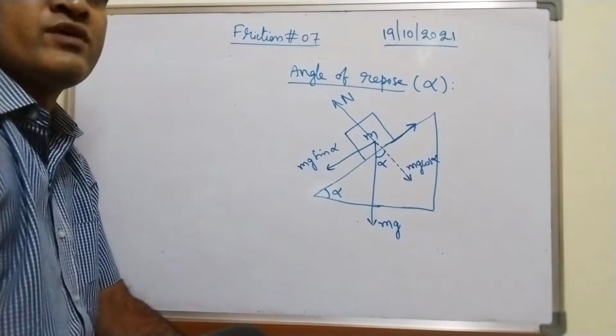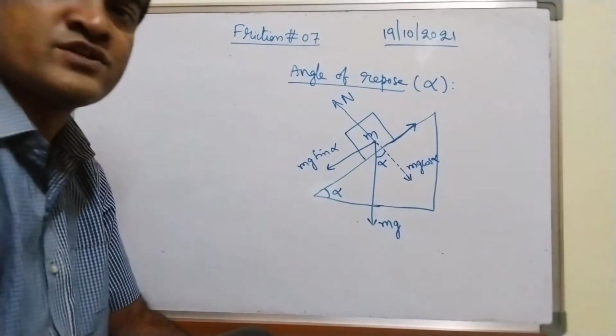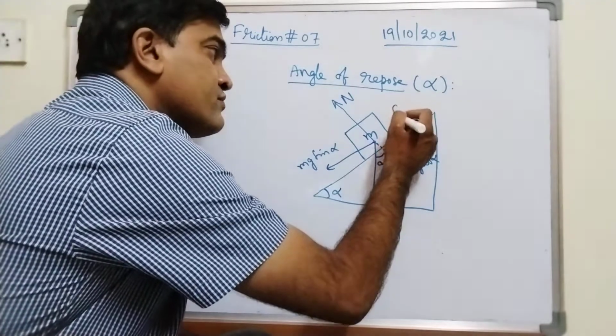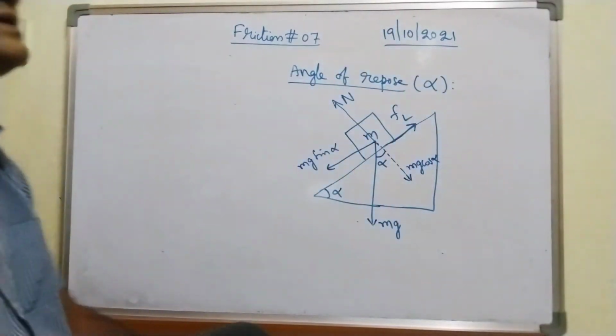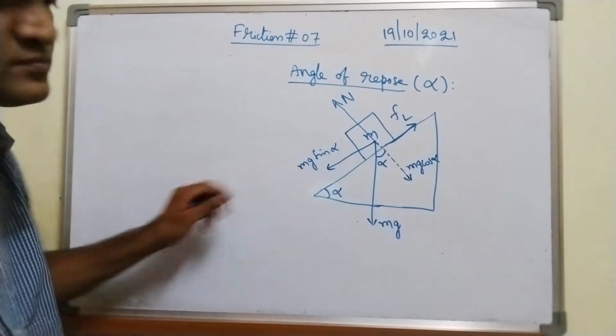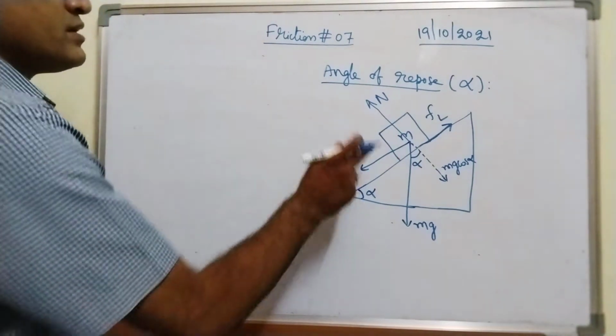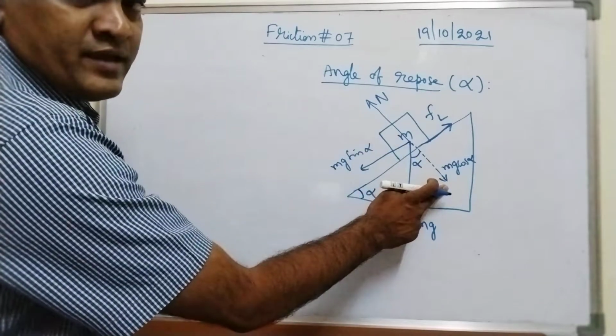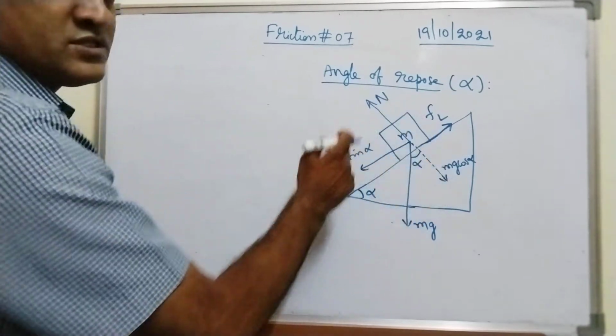That maximum value of friction is called limiting friction. This limiting friction is balanced by mg sin alpha, and the normal force is balanced by mg cos alpha, and this is in equilibrium.